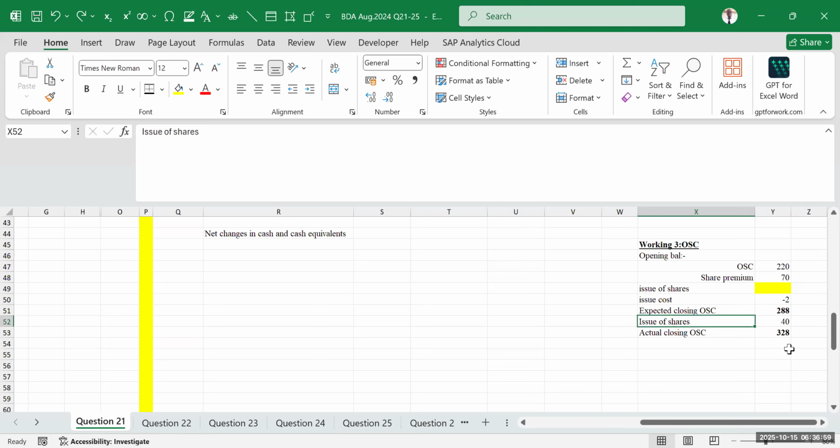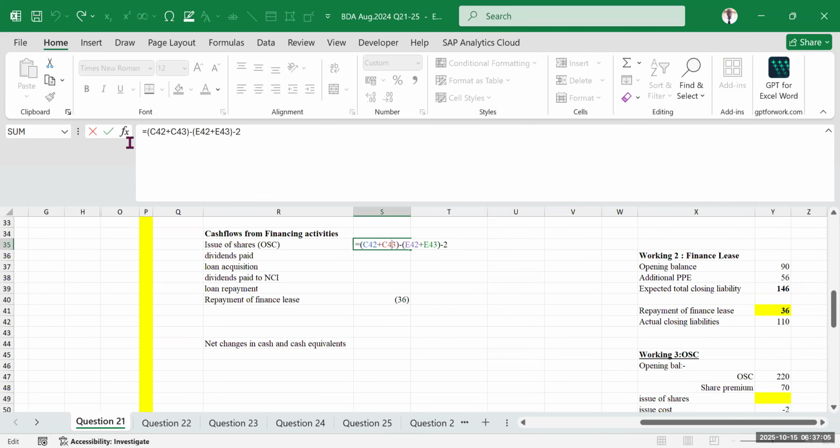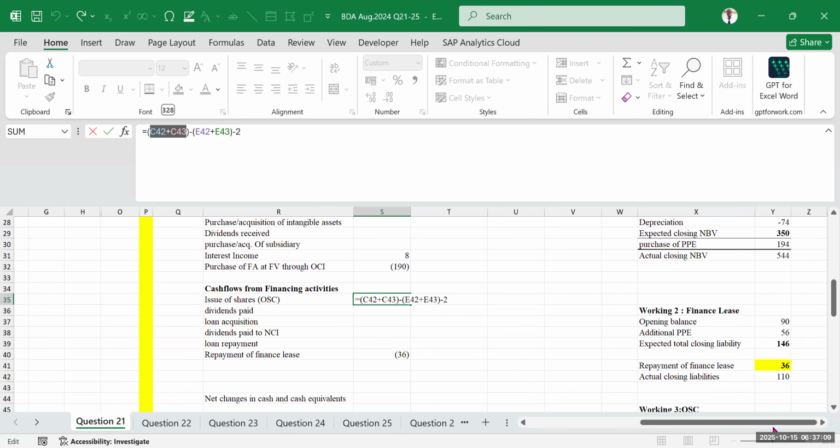Members, what am I forgetting to put in here following the approach that I had given you here? I took the total closings, which is here. Unless I picked the wrong one, then I compared that with the total opening, then we deduct the issue cost.